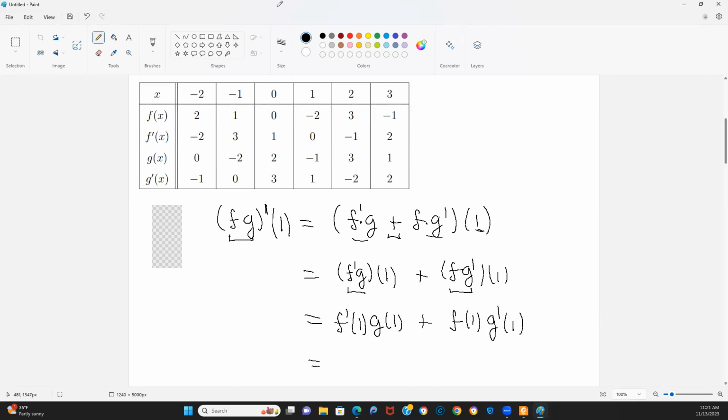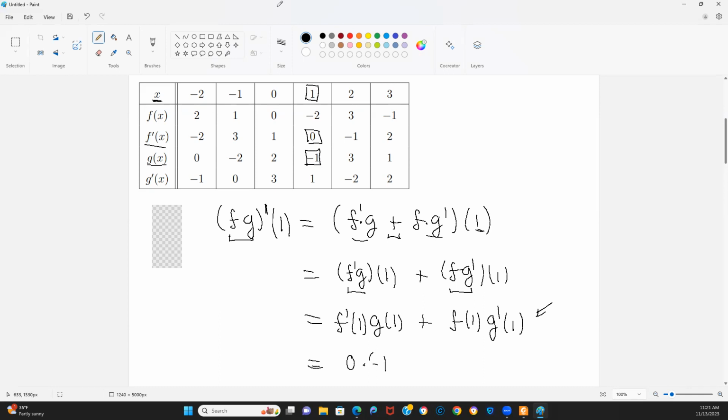All right, now we'll use the table to compute this right here. So we're evaluating all these functions at x taken to be 1. So we have to just run down this column and look at the corresponding f of x value. So f prime of 1, so that's this row, will be 0. So it'll be 0 times g of 1, which is -1.